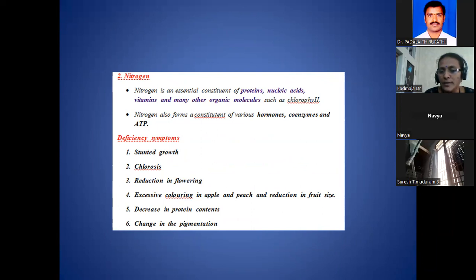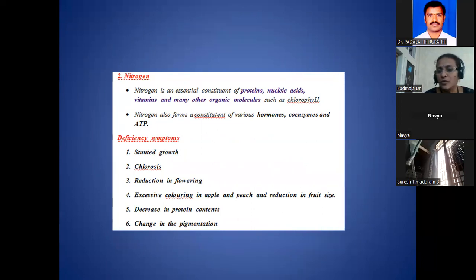But when bits come in the exam, choosing which answer is correct will be difficult. So we have to concentrate on each and every element, what its deficiency is and what its role is in the plants. If you take nitrogen, you all know that the atmosphere consists of a large amount of nitrogen.